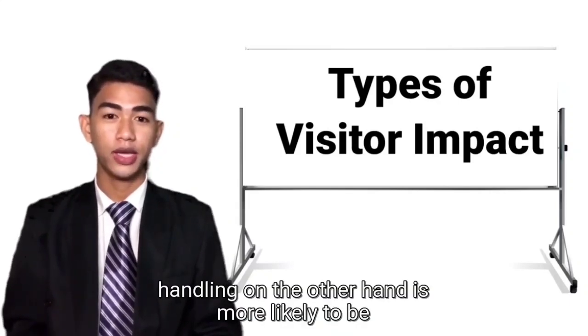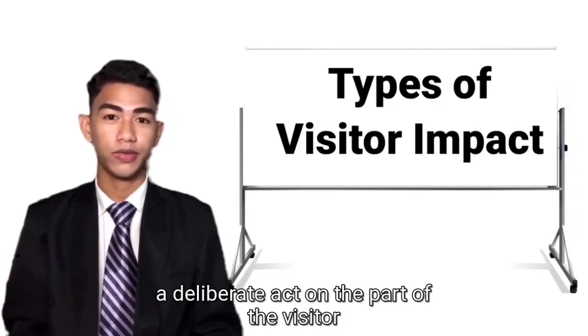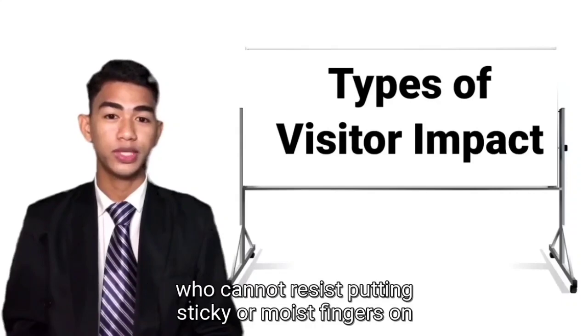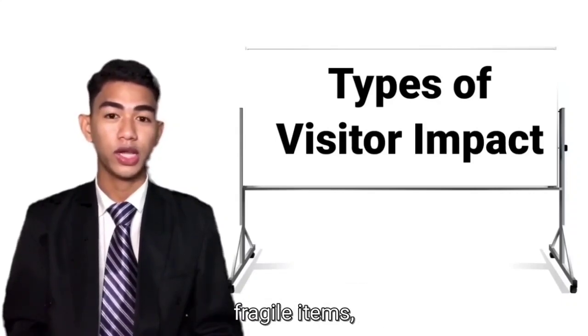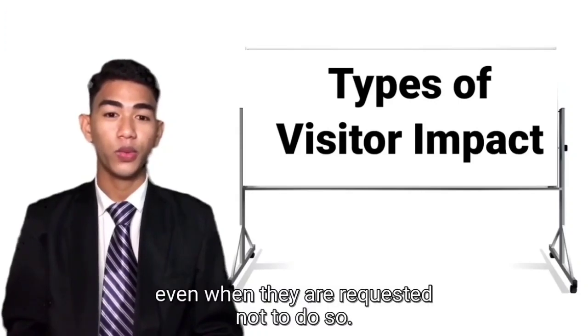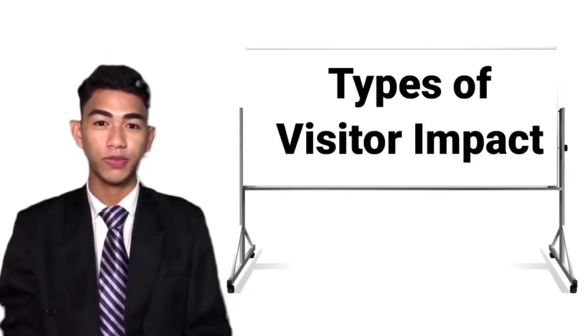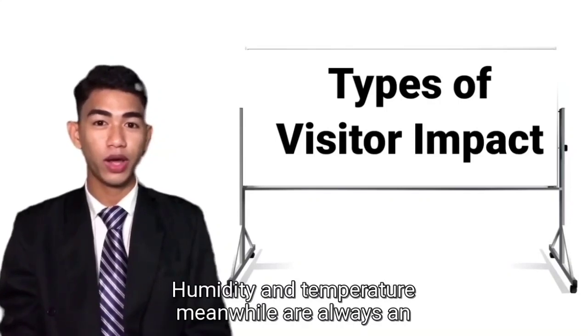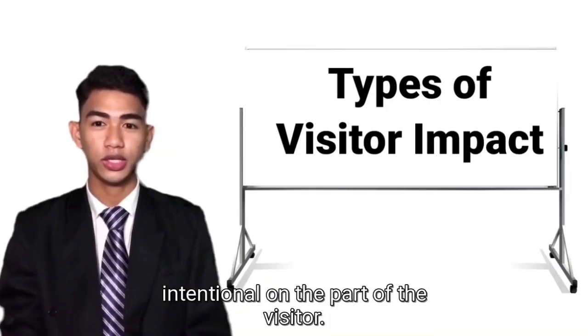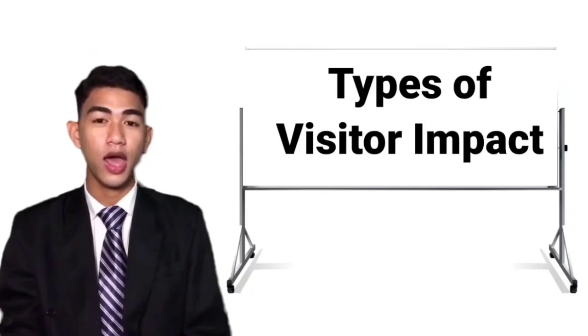Handling, on the other hand, is more likely to be a deliberate act on the part of the visitor, who cannot resist putting sticky or moist fingers on fragile items, even when they are requested not to do so. Humidity and temperature, meanwhile, are always unintentional on the part of the visitor.